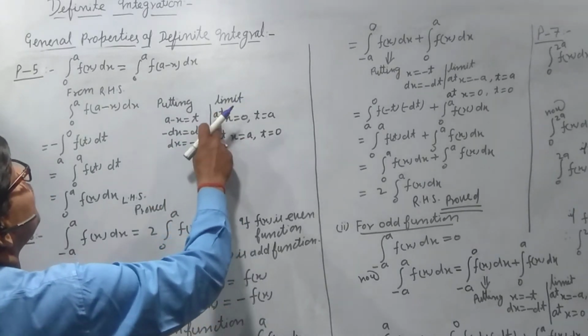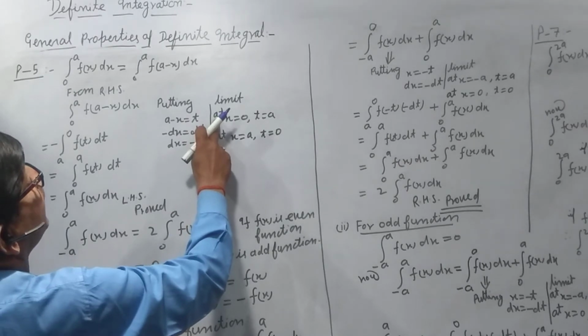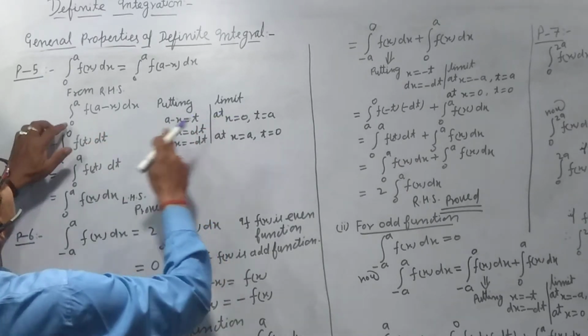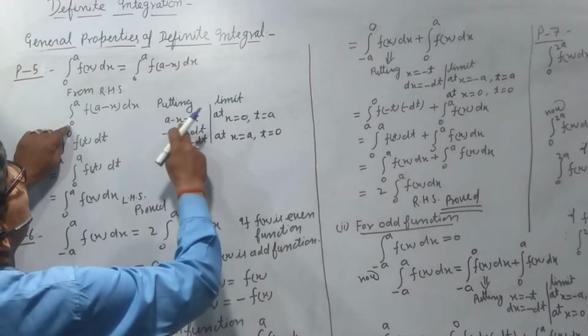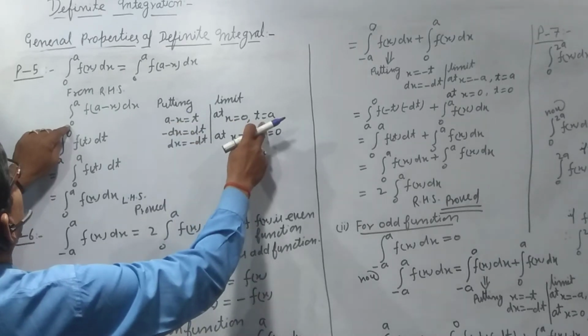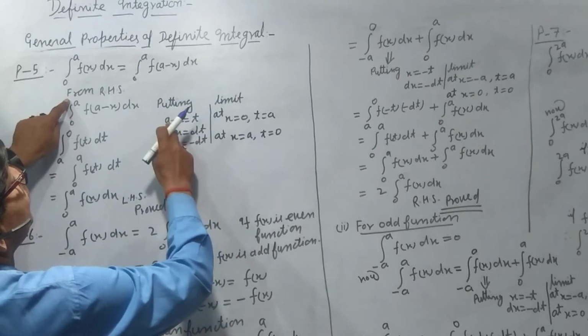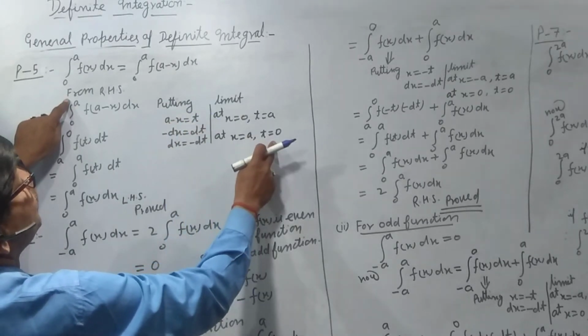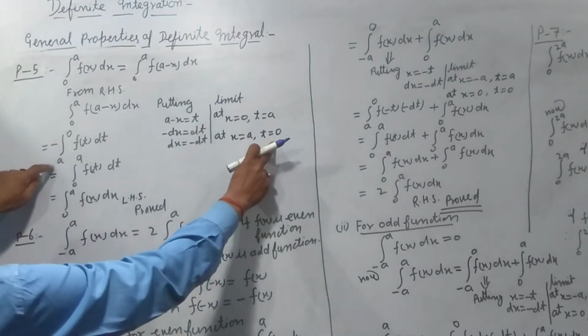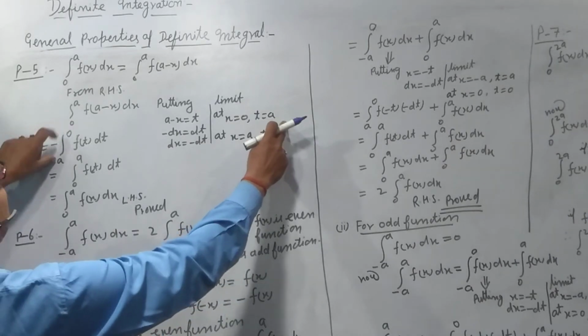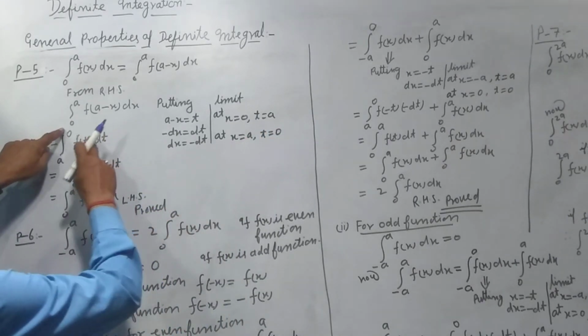The limits: at x equal to 0, t equal to a, and at x equal to a, t equal to 0, so the limits will be a to 0.